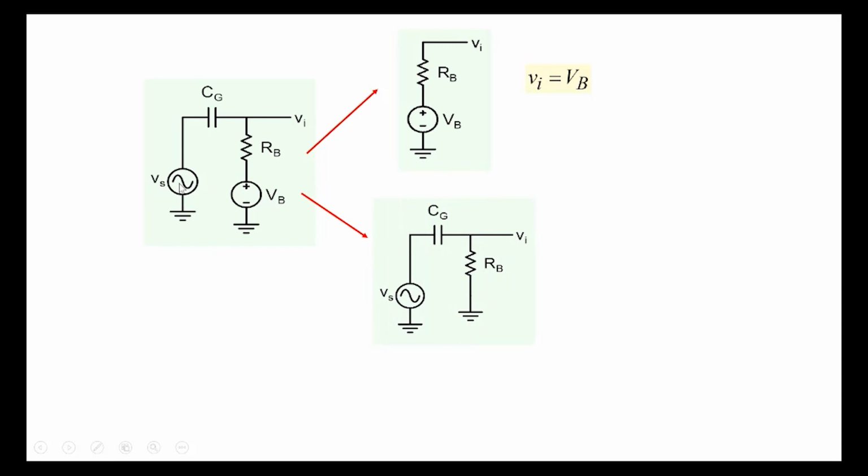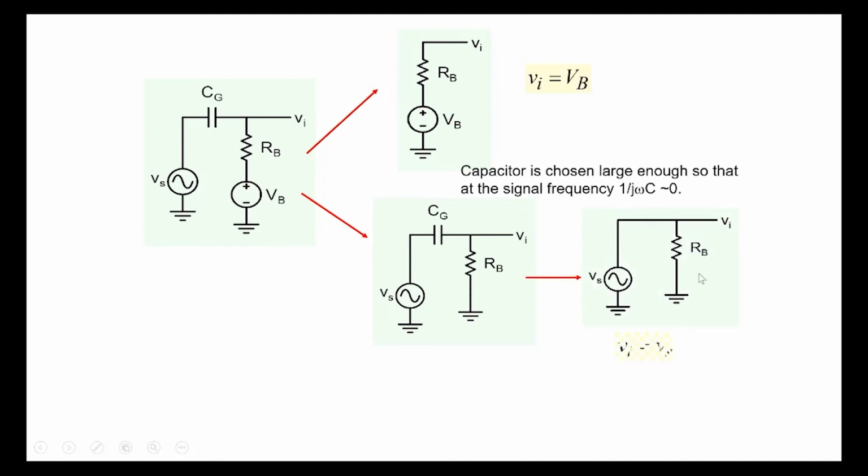When we look at Vs, VB is shorted and the capacitor acts like a short, so Vi will be basically equal to Vs. So what will be the total Vi? Vi due to Vs and VB will be equal to Vs plus VB.